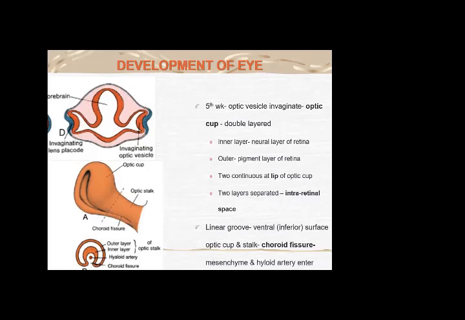This groove or fissure, whatever you want to call it, that is developing on the inferior surface of the optic stalk, is called the choroid fissure.